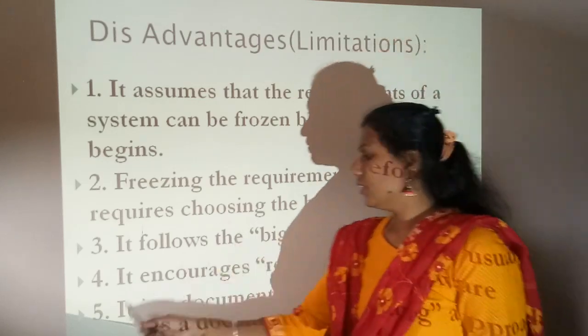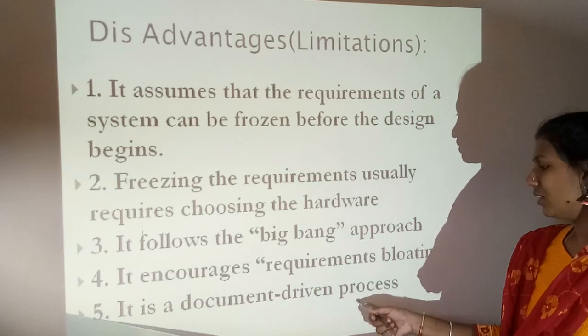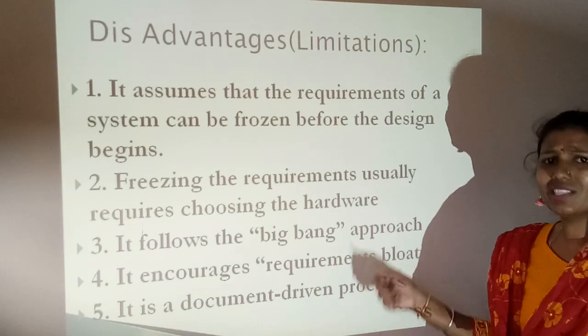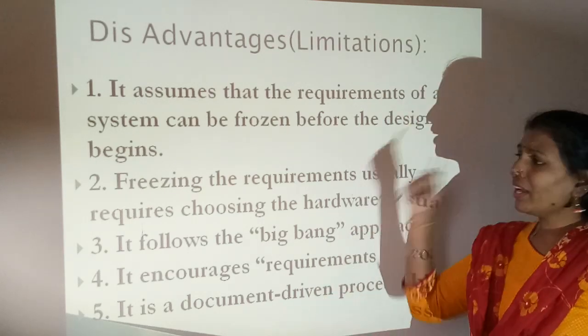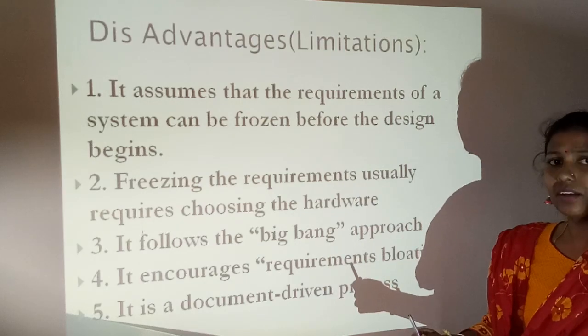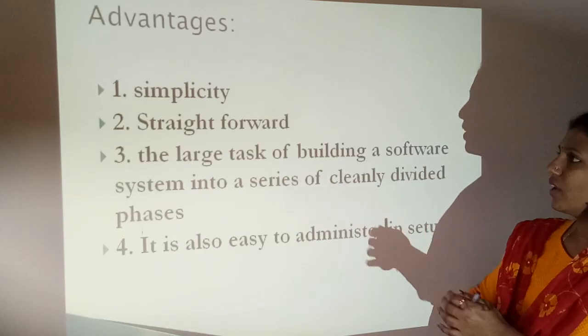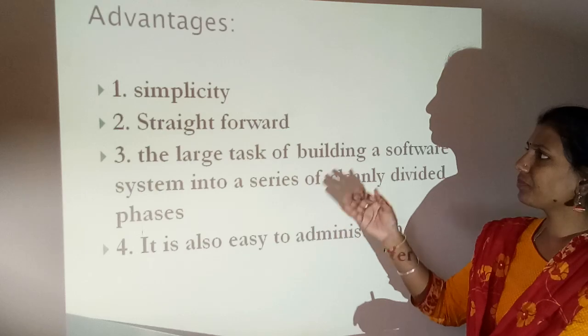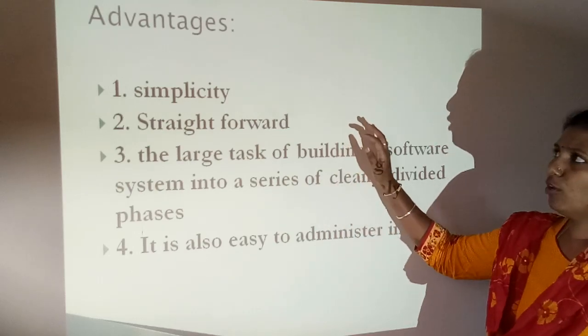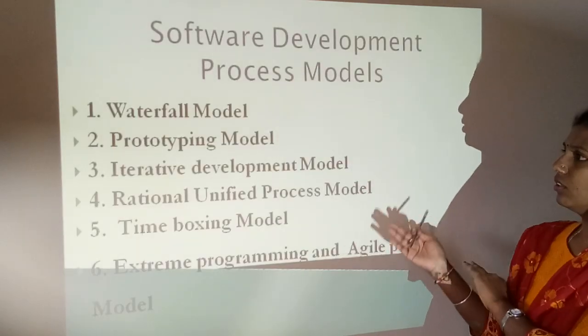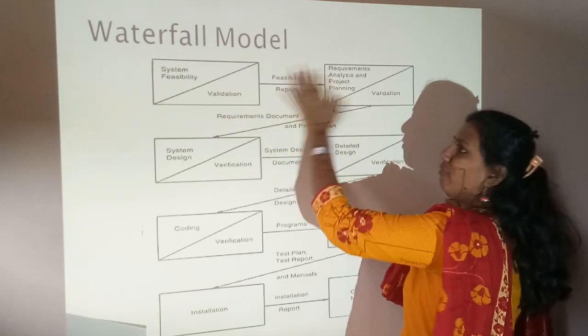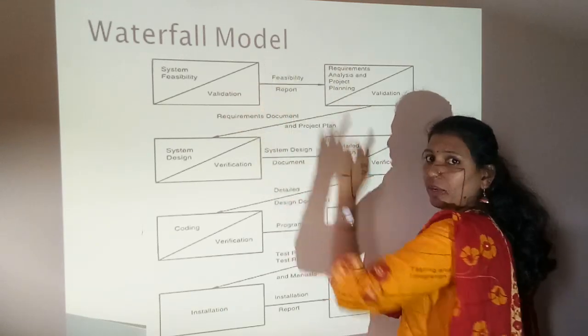Next, the fifth is that it is a document driven process. Obviously, it is a document driven process. Why? You can have a look at this waterfall model diagram. Each phase should produce one document, right?